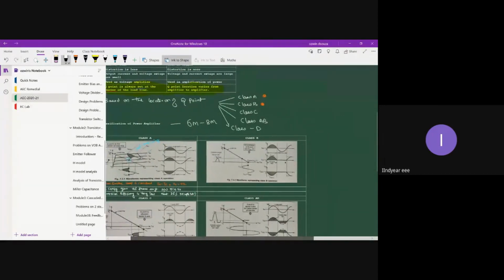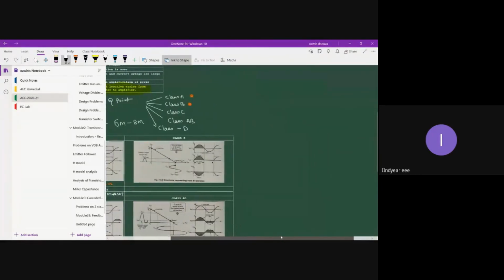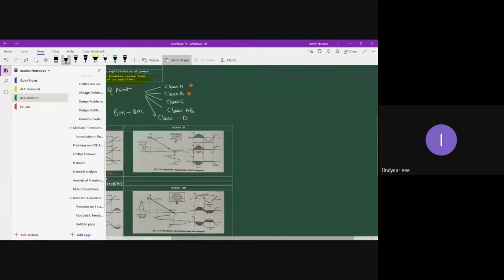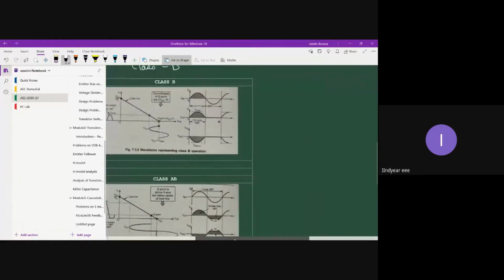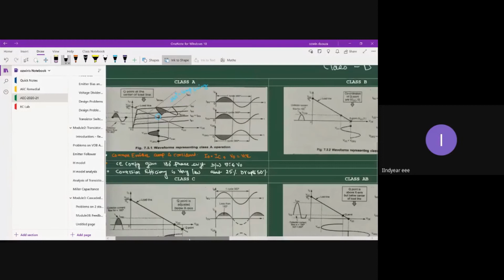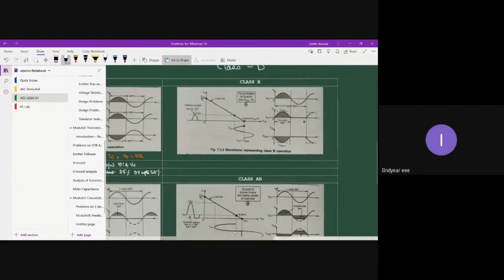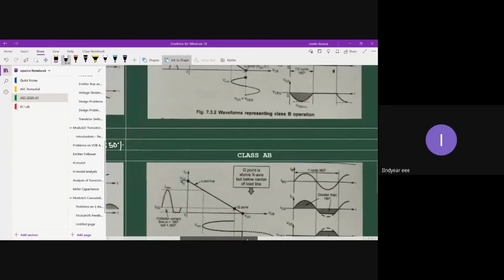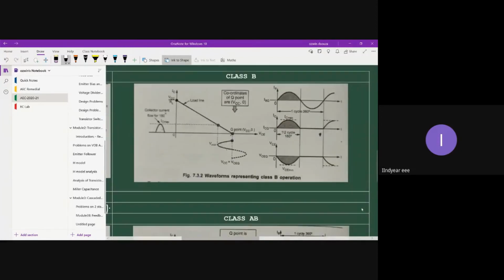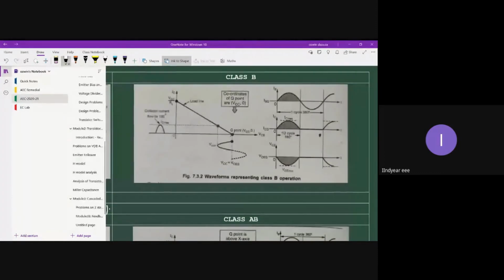Now let us look at class B power amplifier. Okay, class B power amplifier. Now, remember in class A power amplifier, the Q point was at the center of the load line.